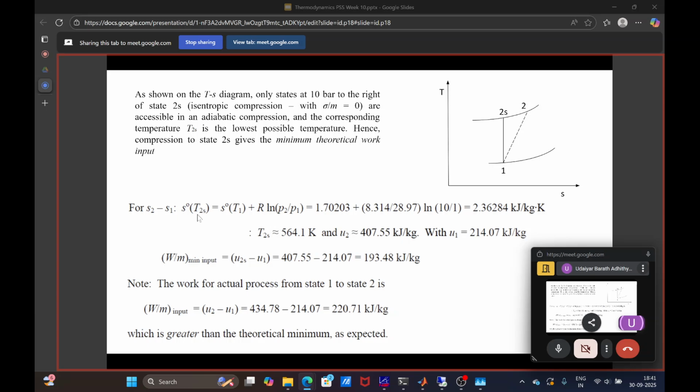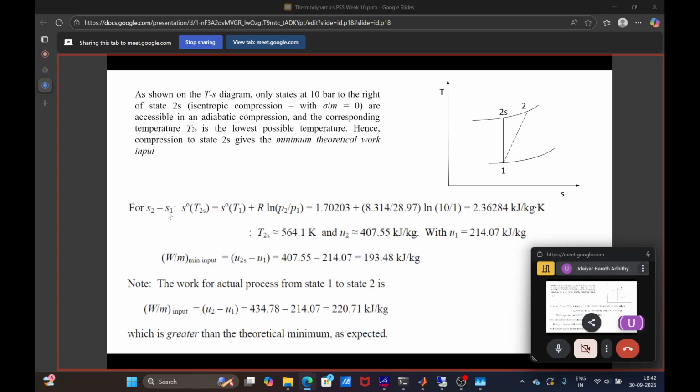So what we get is we know s0 at T2s, so we can find out what is temperature T2 based on what is the entropy at state 2. So s0 at T2s is s0 at T1 plus R ln P2 by P1. So this gives you what should be the entropy at state 2s. So that is 2.36284 kilojoule per kg Kelvin.